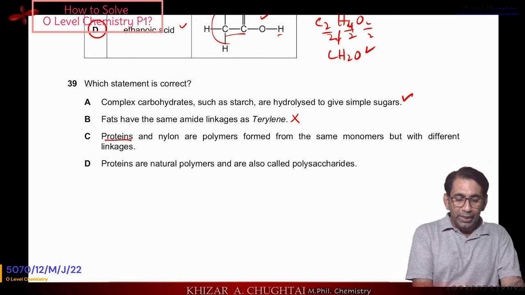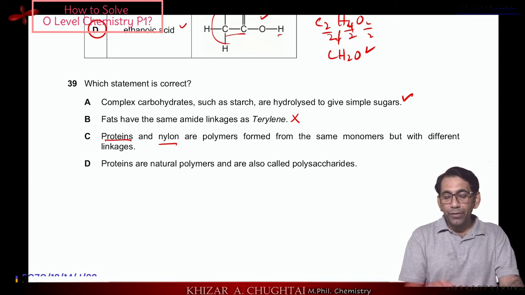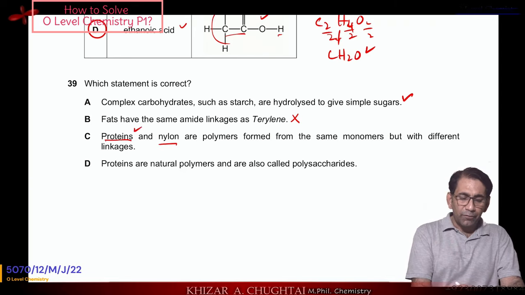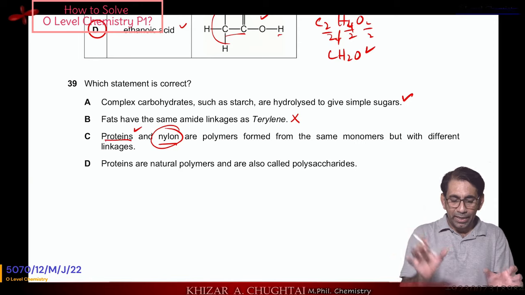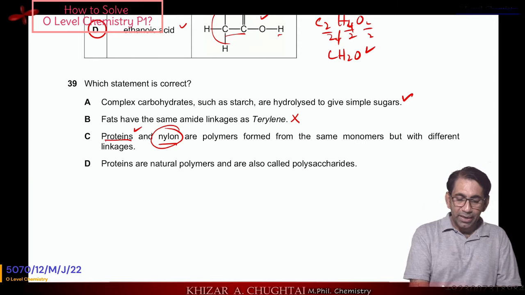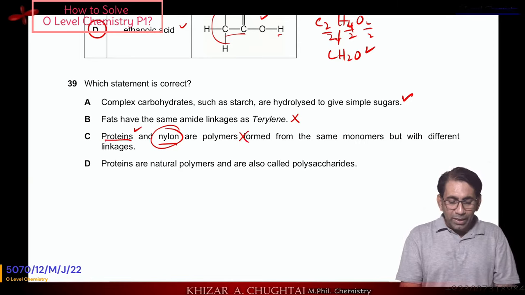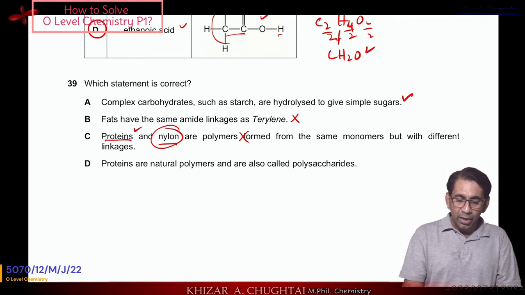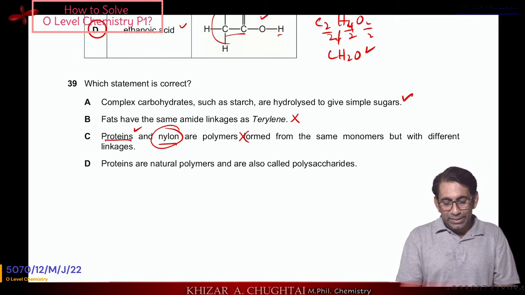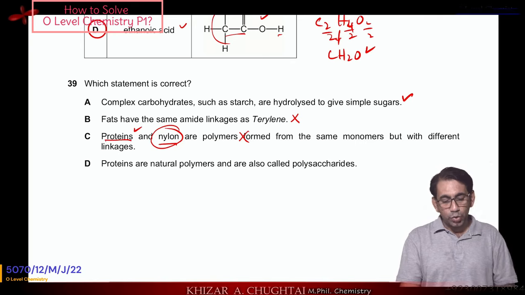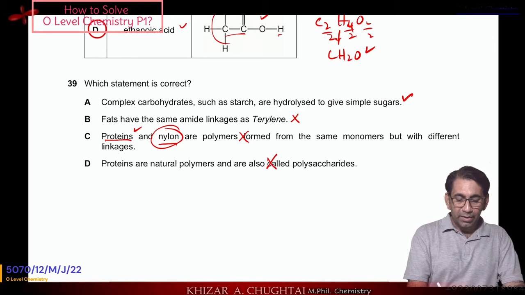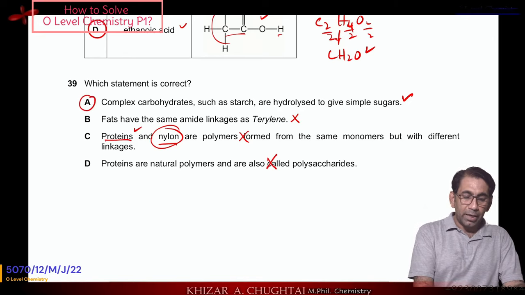No, proteins and nylon have different monomeric units. Proteins are formed from amino acids and nylon is made from dicarboxylic acid and diamine. So C is again an incorrect option. Proteins are natural polymers and are also called polysaccharides. Yes, they are natural polymers, but they are not said to be polysaccharides. Again, A is the correct option.